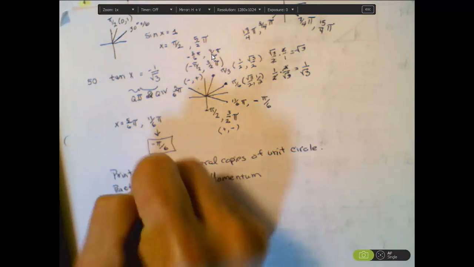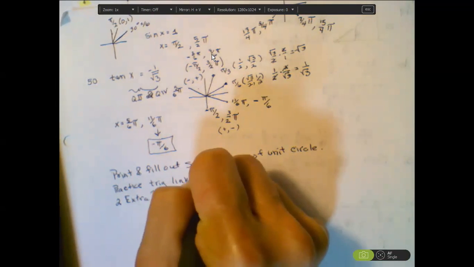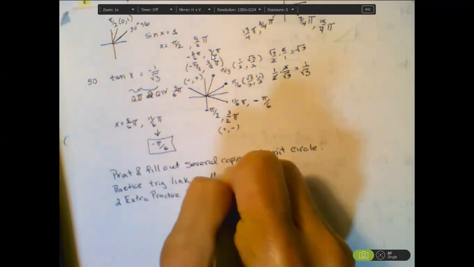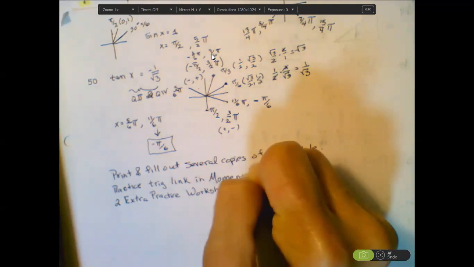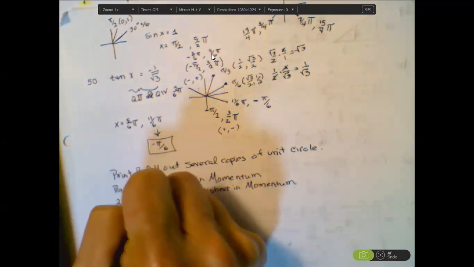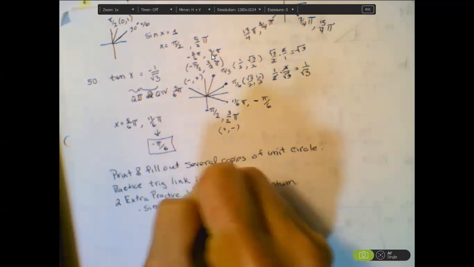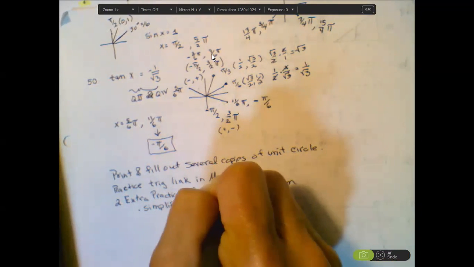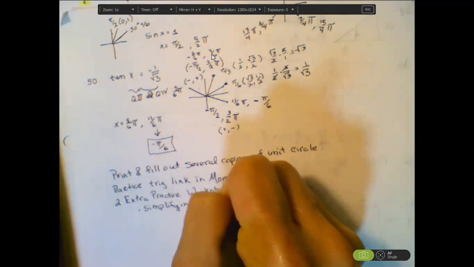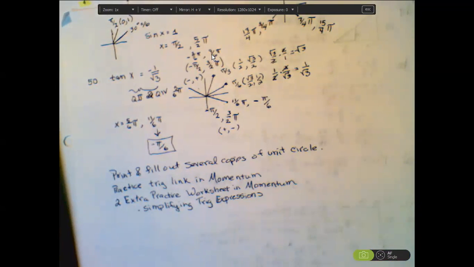And then 2 extra practice worksheets in Momentum are simplifying trig expressions, because that's brand new and still kind of difficult, but we do it a whole lot in calculus.